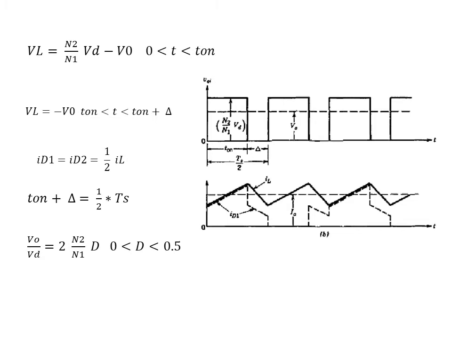Equating the time intervals of the inductor voltage during one repetition period, 1 half times Ts, to 0, the equation of VL, ID1 equal to ID2, and T on plus delta gives the output or transformation ratio V0 divided by Vd is equal to 2 times N2 divided by N1 times D, for D greater than 0 and less than 0.5, where D is equal to T on divided by Ts, the duty ratio of switches 1 and 2, and the maximum value it can attain is 0.5.